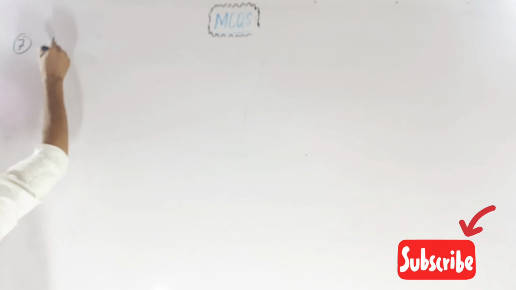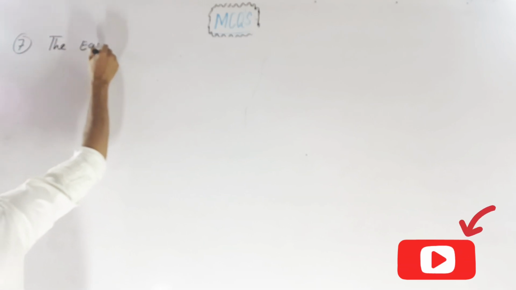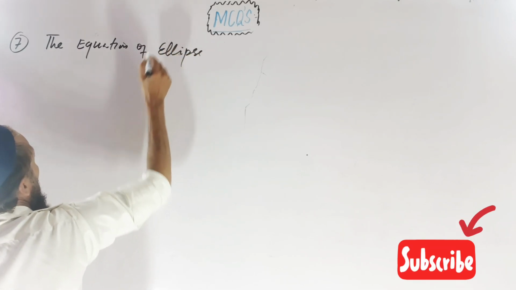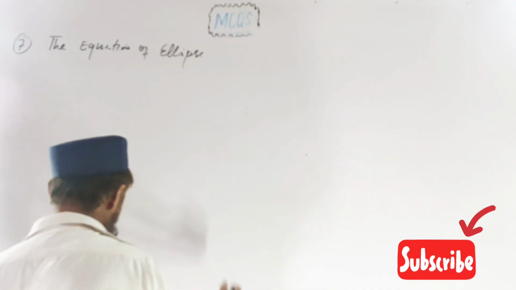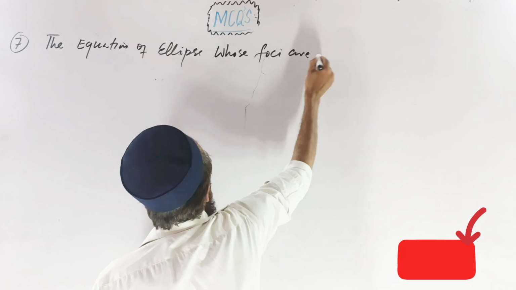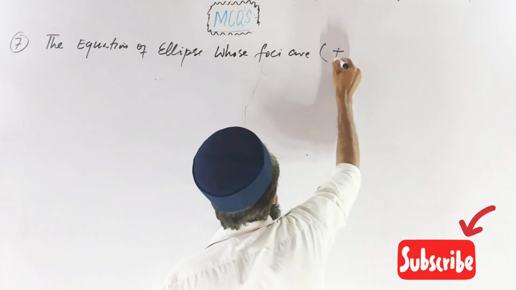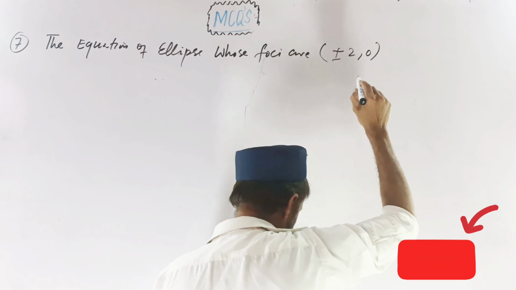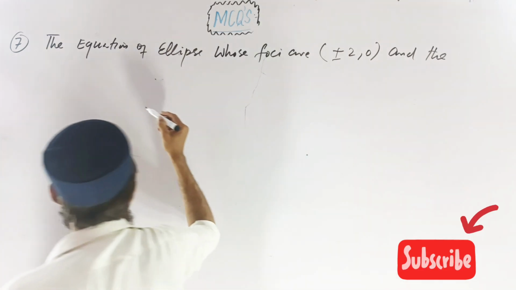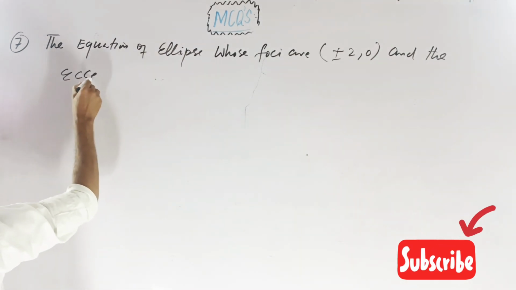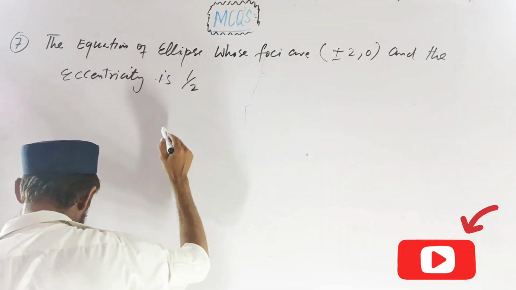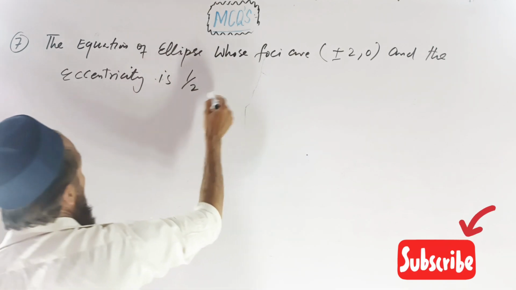Equation of ellipse. The equation of the ellipse whose foci are plus minus 2 and 0, and the eccentricity is 1/2, is required.